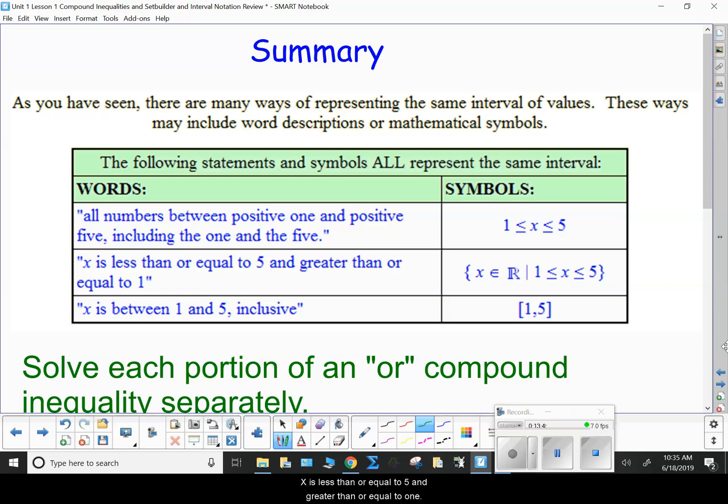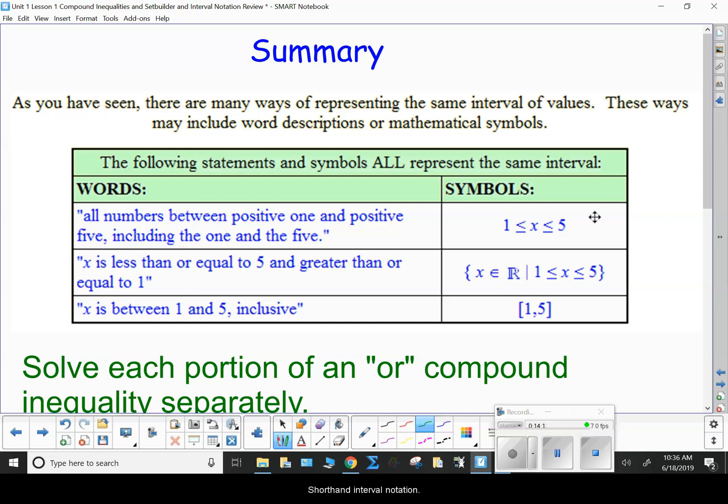X is less than or equal to 5 and greater than or equal to 1. Here's another way of showing it. The first way is just pure inequalities. The second way is adding on some fancy stuff, the set builder notation. And then finally, x is between 1 and 5 inclusive, bracket 1, comma 5, bracket.